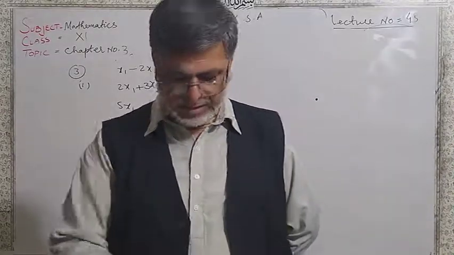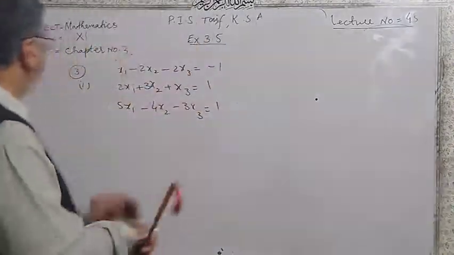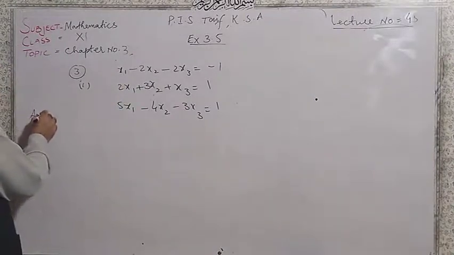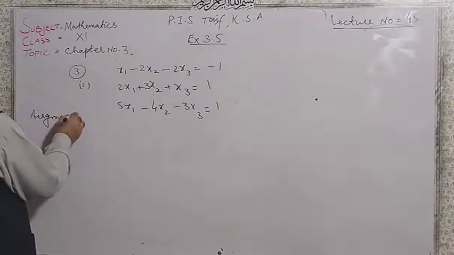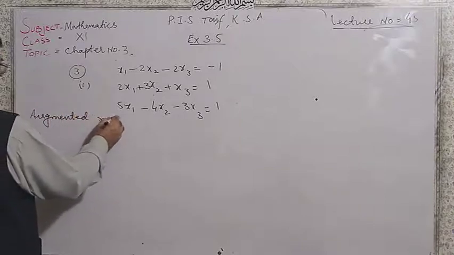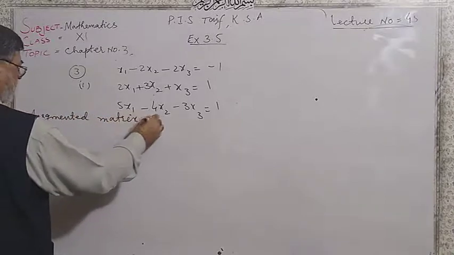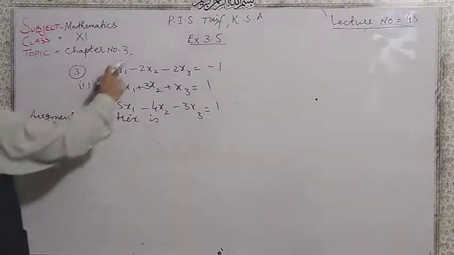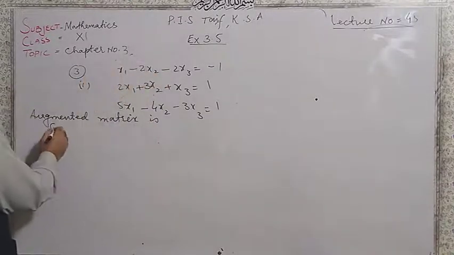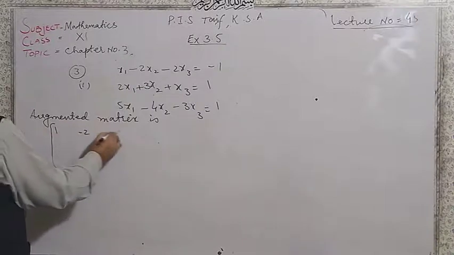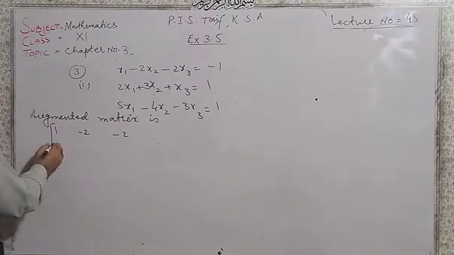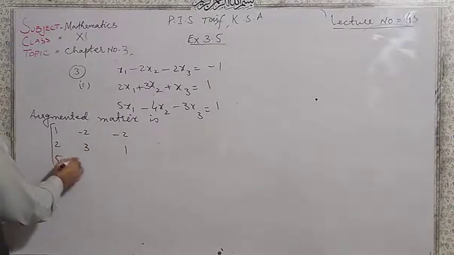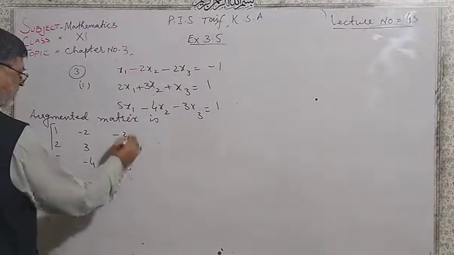The augmented matrix is, remember, you will write down the matrix of coefficients 1, minus 2, minus 2, 2, 3, 1, 5, minus 4, minus 3.